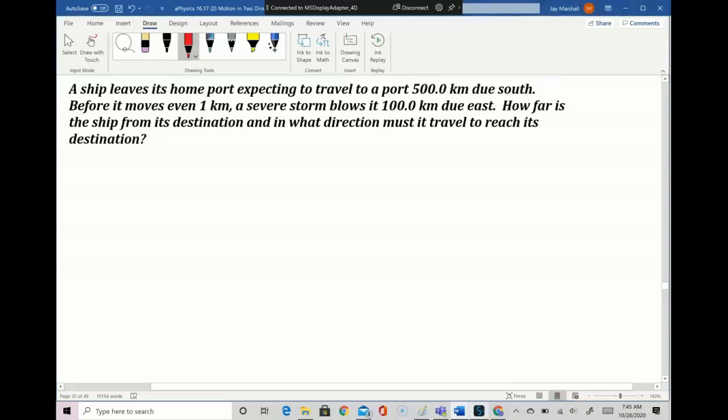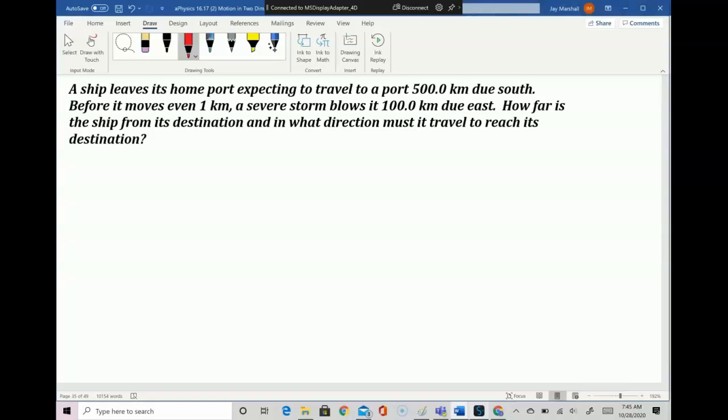The ship leaves its home port, expecting to travel to a port 500 kilometers due south. Before it even moves 1 kilometer, a severe storm blows it 100 kilometers due east. How far is the ship from its destination, and in what direction must it travel to reach its destination? Okay?